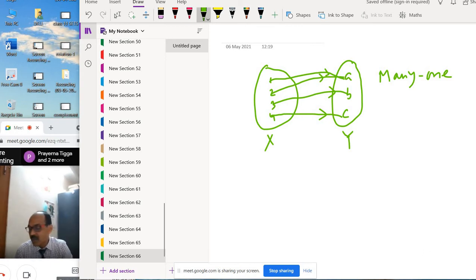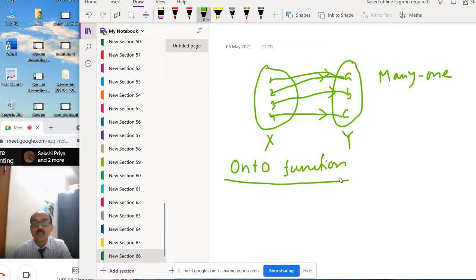Now, onto function. A function f from X to Y, that means first set is X, second set is Y, is said to be onto or surjective.